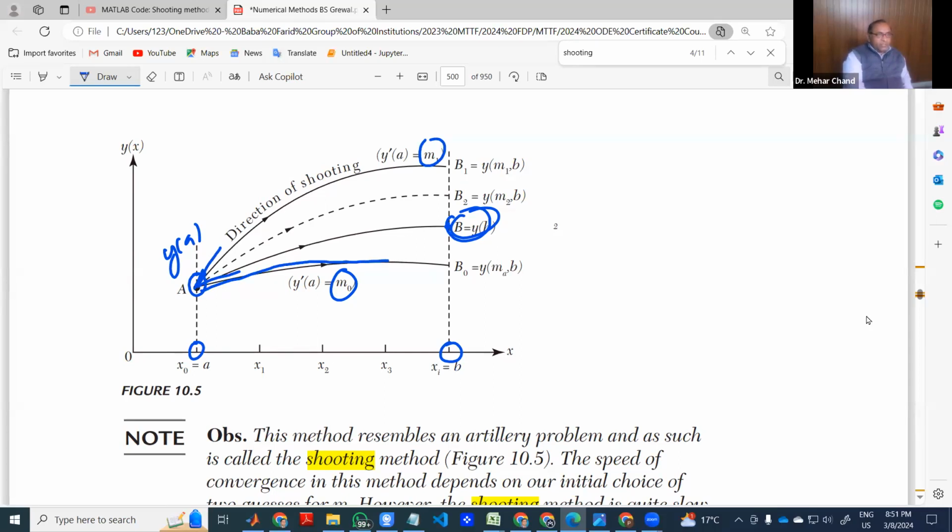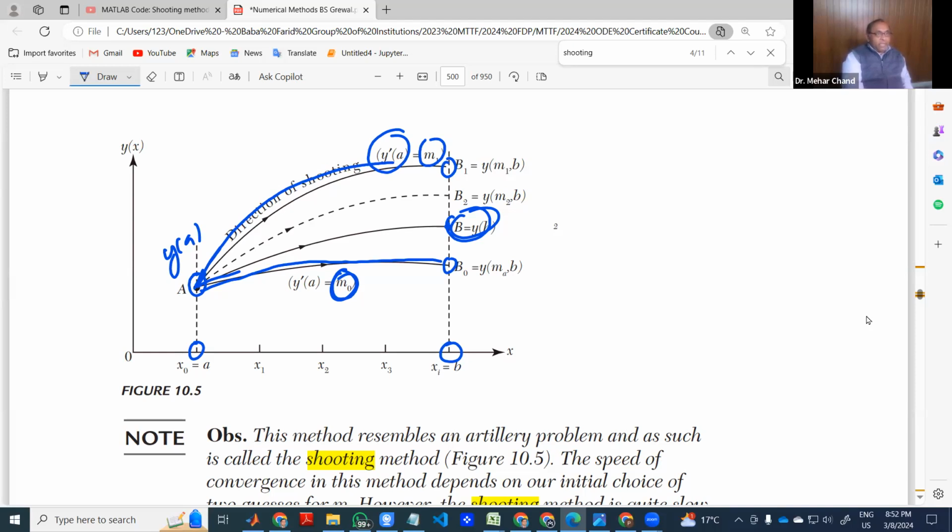So we have the solution corresponding to each value of y dash a, when the slope is m1 and m2. Corresponding to these, we will find the solution, and it will shoot at this point and this point for these two values.